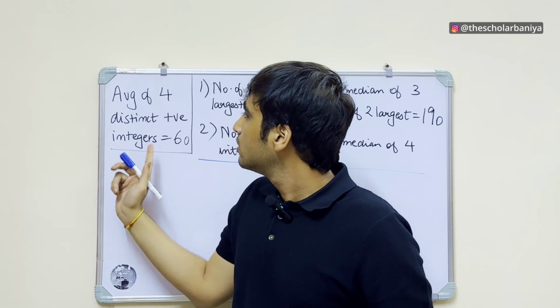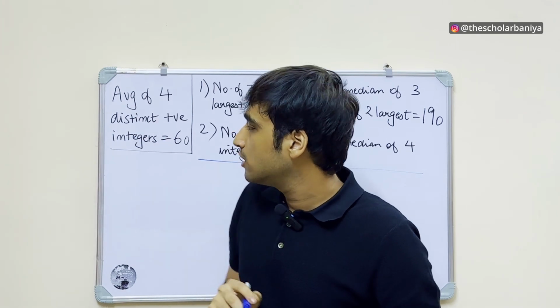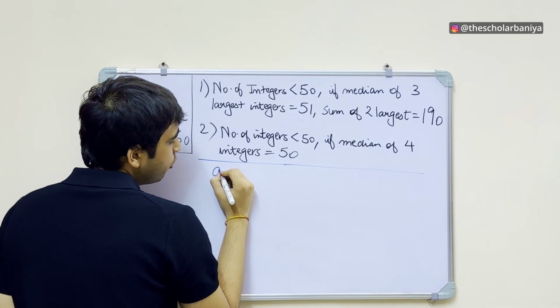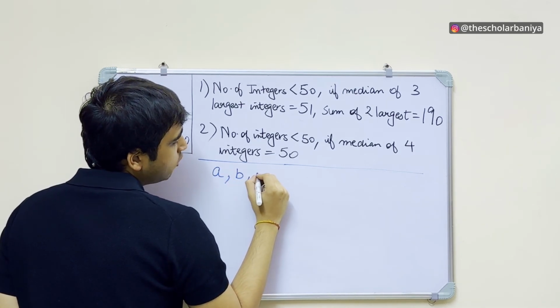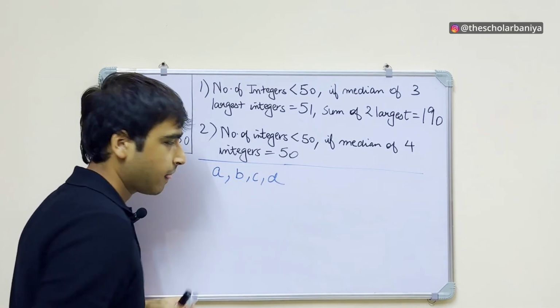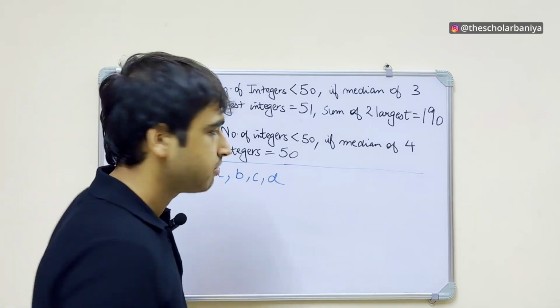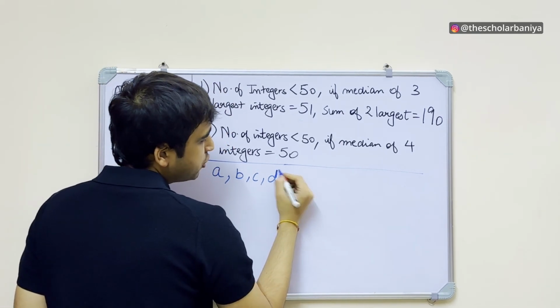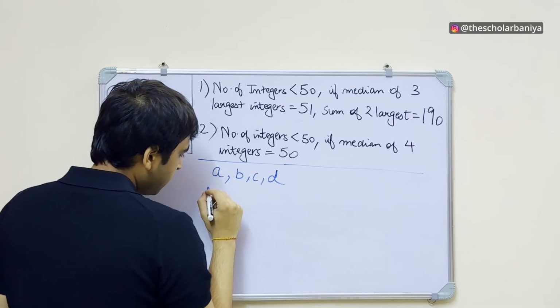Let's solve. We know that the average of four distinct positive integers is 60. So let's assume we have four integers a, b, c, d, arranged in ascending order. What will be the mean?